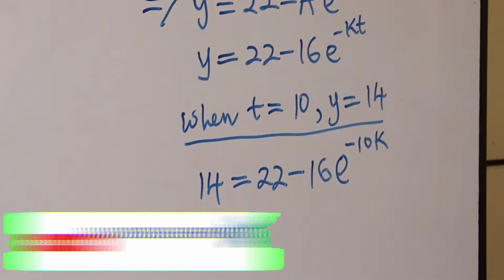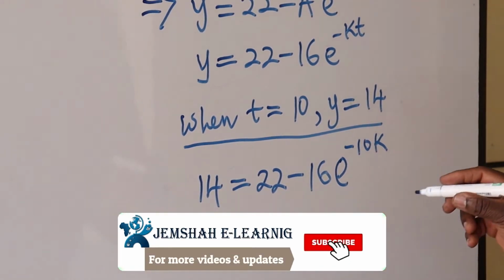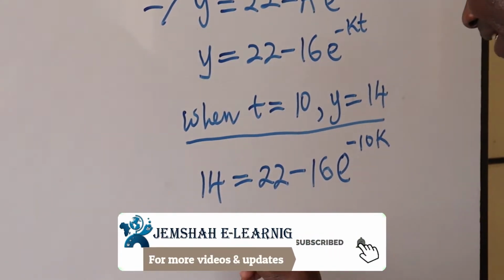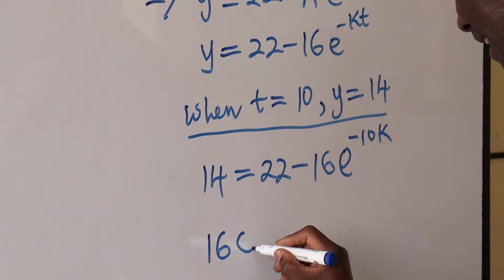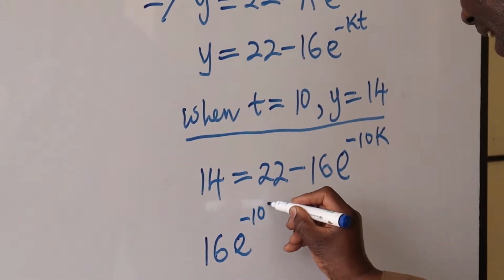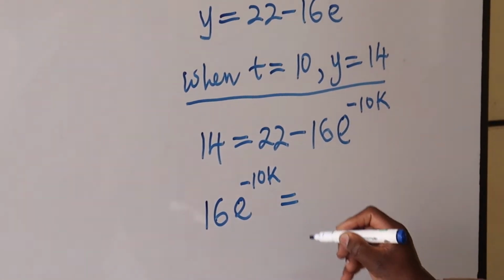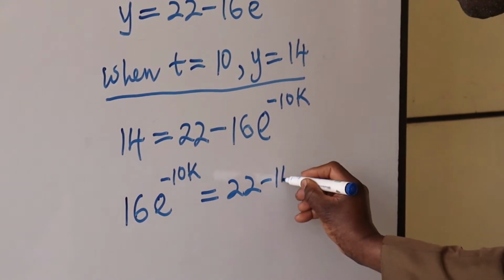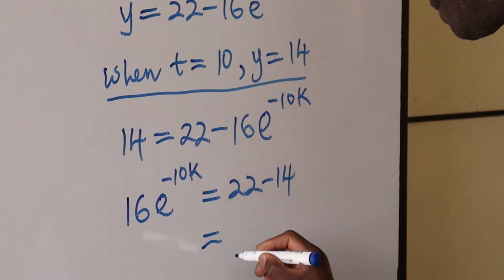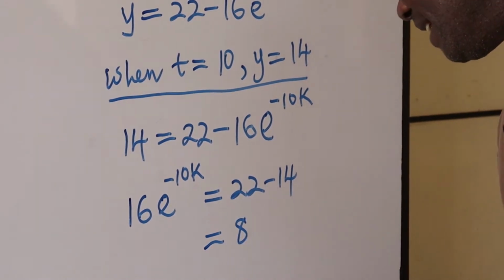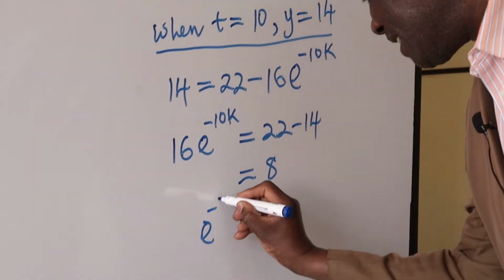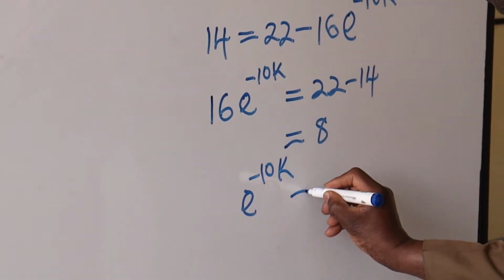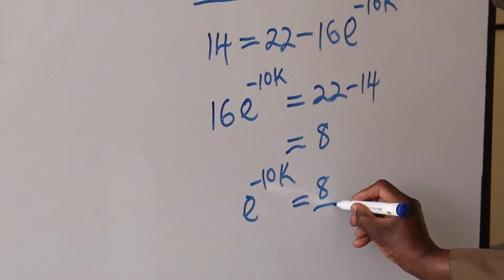So from this, 16 e power minus 10k is equal to 22 minus 14, which is equal to 8. So e power minus 10k is equal to 8 over 16.